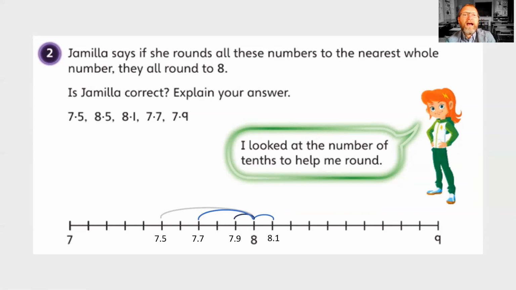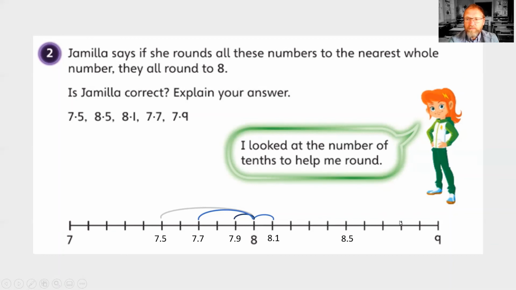So let's have a look at that number that I missed out. It's 8.5. Now 8.5 is 5/10 away from 8. 0.1, 0.2, 0.3, 0.4, 0.5. So it's 5/10 away. But it's also 5/10 away from 9.